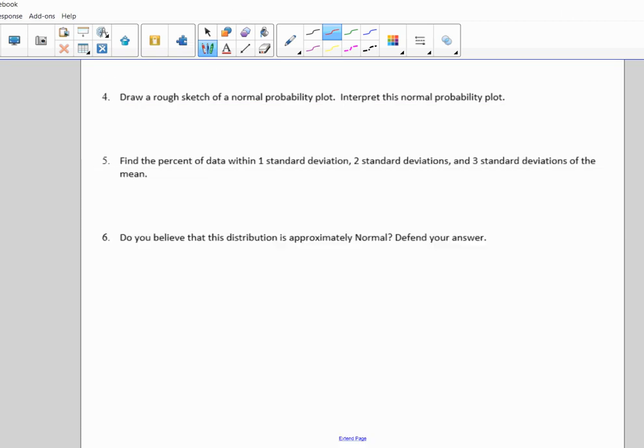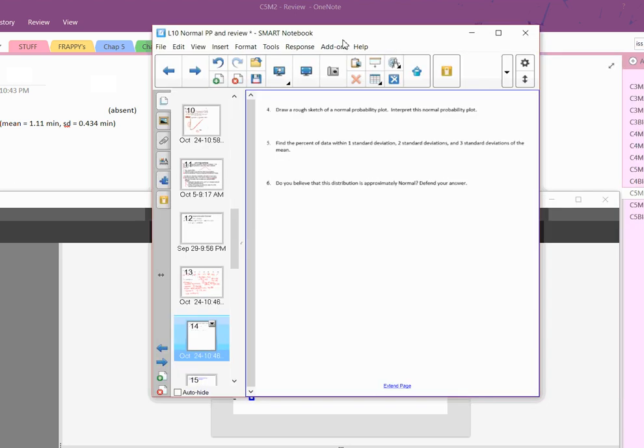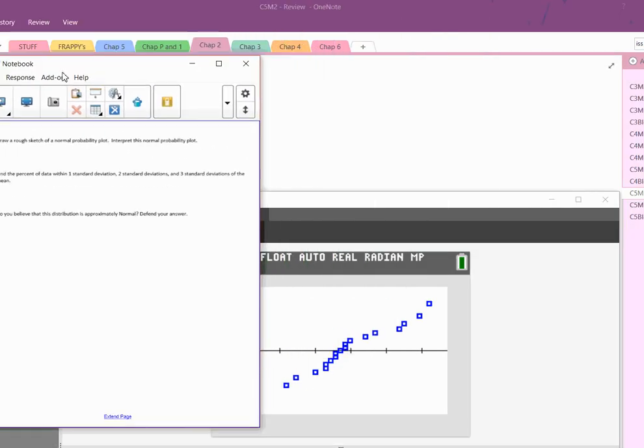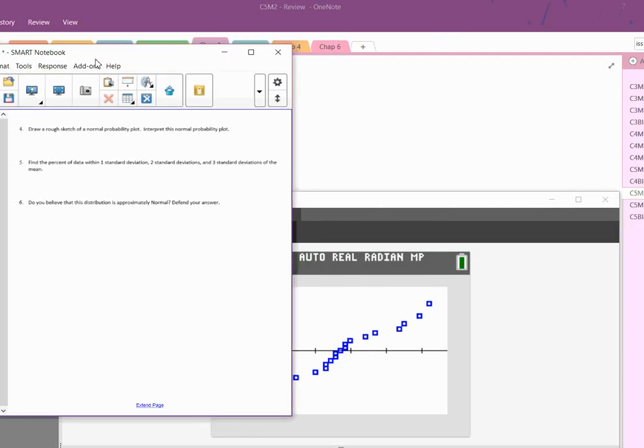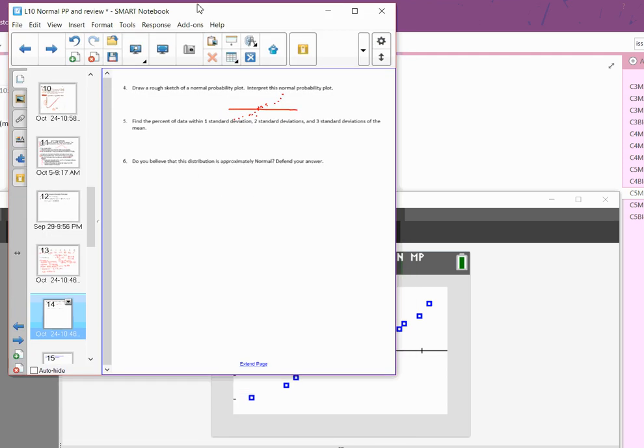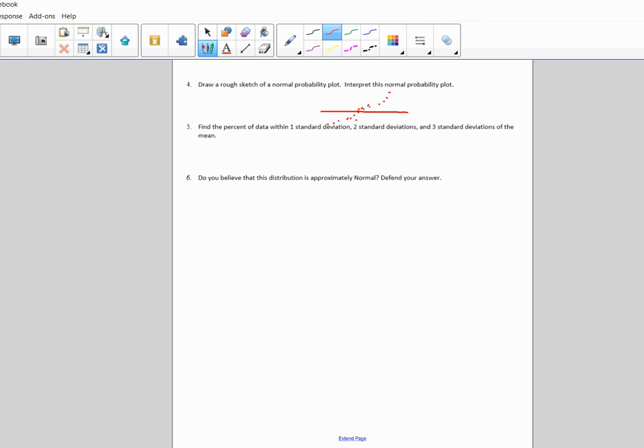Probably not. So, look. Here's my rough sketch. There's my x-axis. I have a bunch of data there. Kind of goes like this, and then down at the bottom, okay? That is my rough sketch. It doesn't have to be any better than that. So that's my normal probability plot.